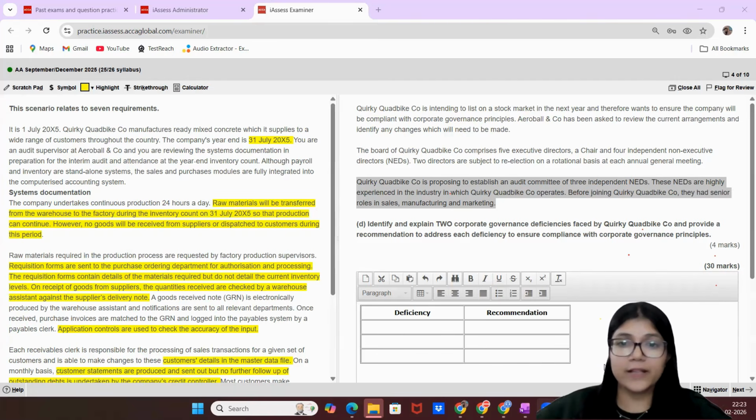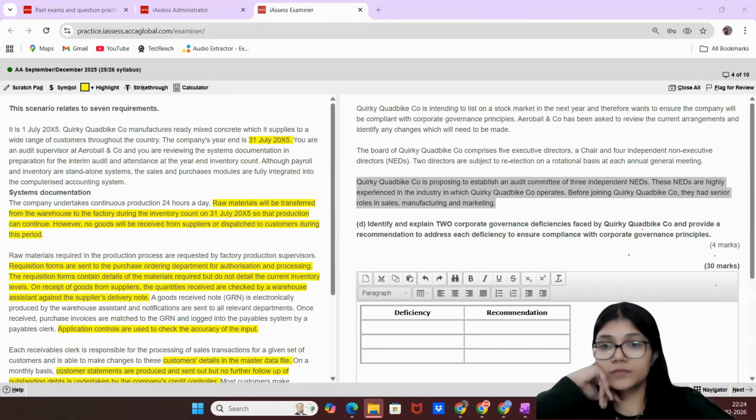Then the line that I missed was: 2 directors are subject to re-election on a rotational basis at each annual general meeting. So what is the problem over here, guys? All of the directors must be subject to re-election annually.